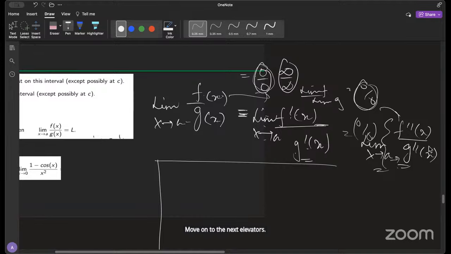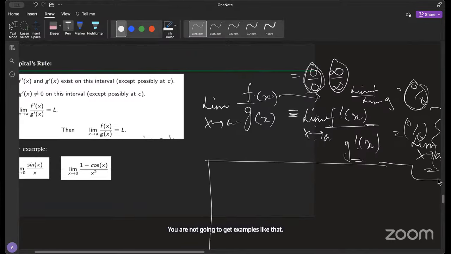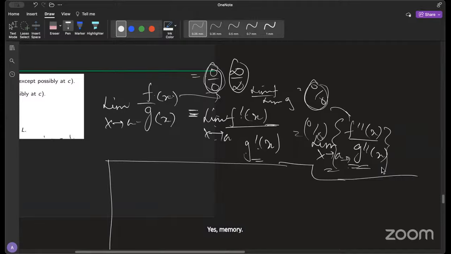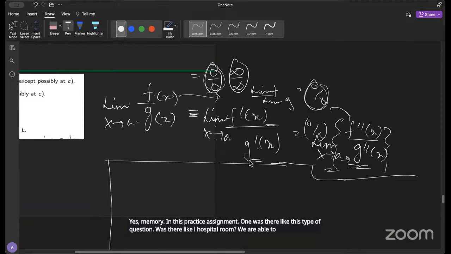But sometimes you can't solve it using this thing. You're not going to get examples like that in the exam. Yes, ma'am. In this practice assignment, non-graded one, week 8, there was a multiple correct question like this, where L'Hopital's rule is applicable, but there was an option distributing the limits over f by g, asking whether it is true or false, and they said that the statement is false.